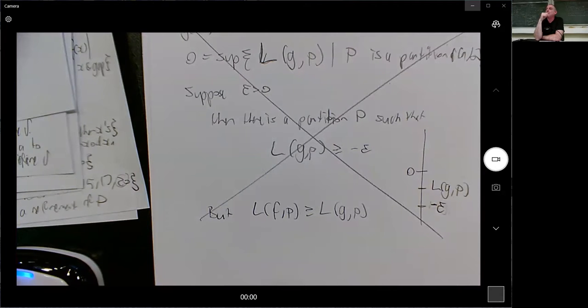Because the information we have is that 0 is less than or equal to F, which is less than or equal to G. What were you going to do? I'm actually thinking about what you said, because I think that could be a good way to go.